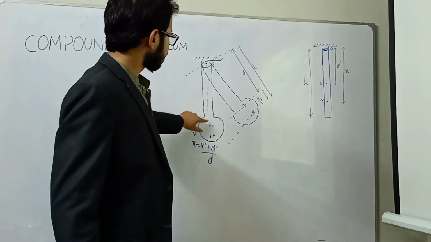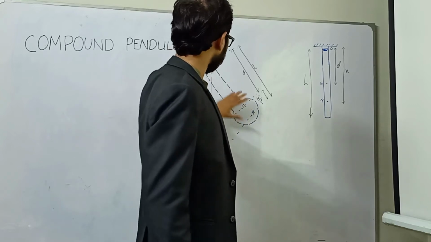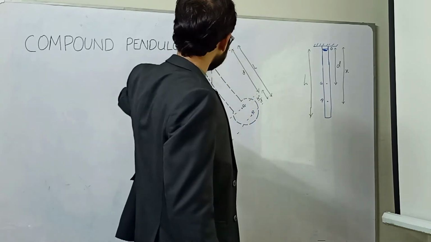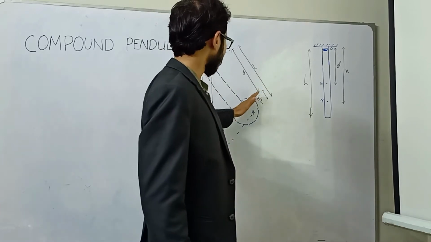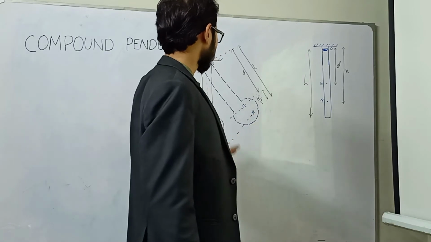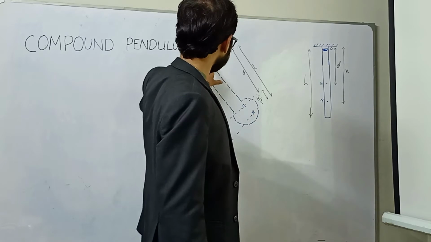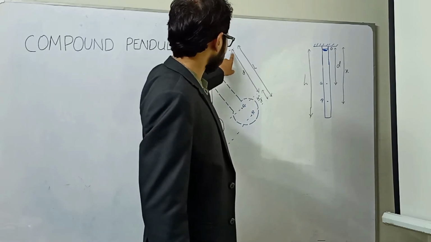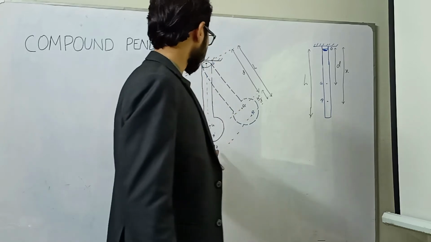And this O to G, for example, here the body is displaced from the mean position, and again these are the parallel axes. This is the parallel axis of the suspension or pivot point, this is the parallel axis of the center of mass, and this is the parallel axis of the percussion point. Here we can see the distance from the center of percussion point to the center of gravity is D, and this is the pendulum.